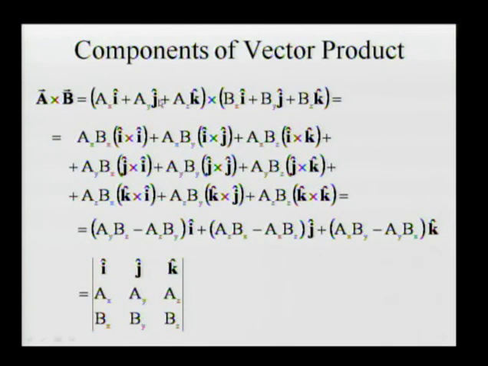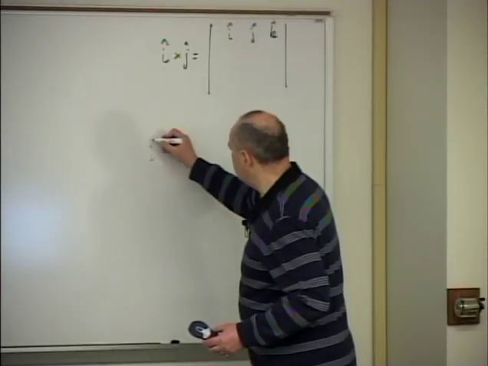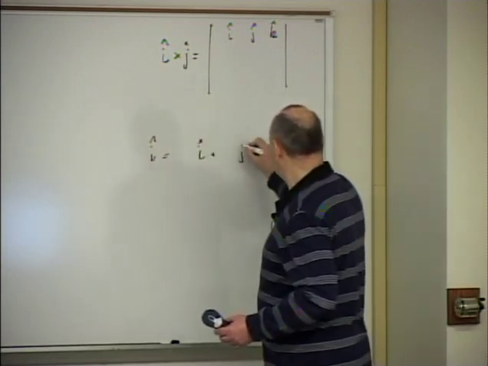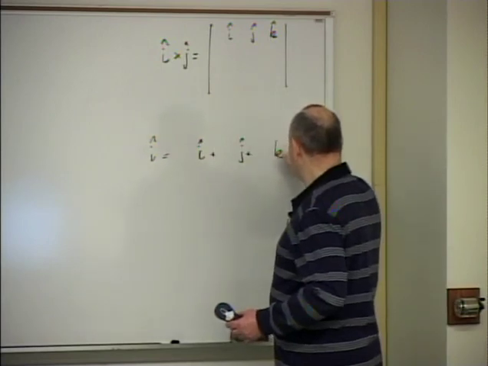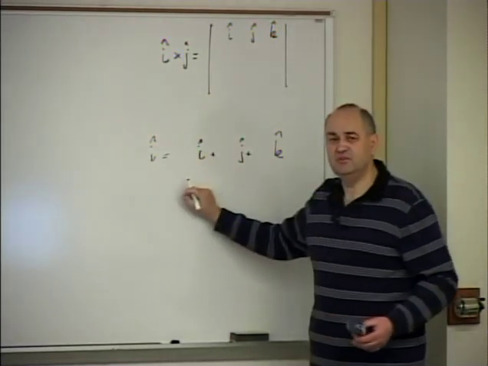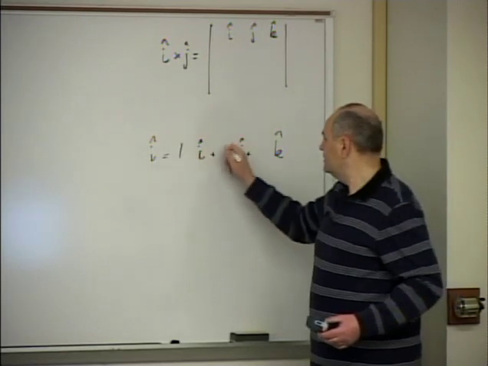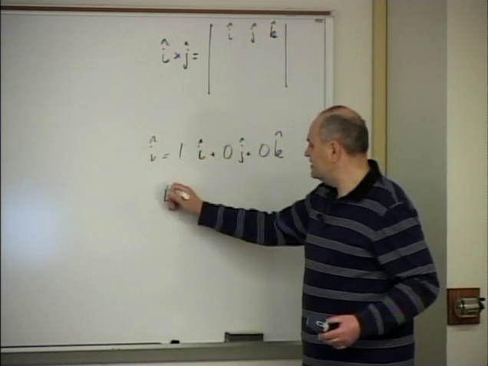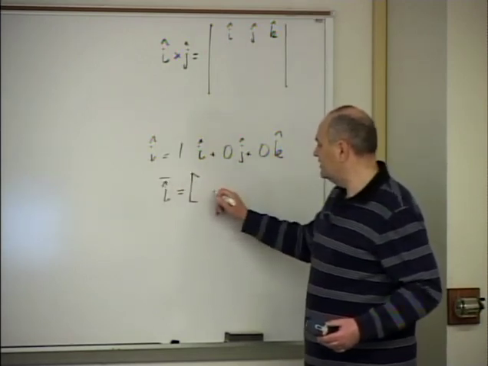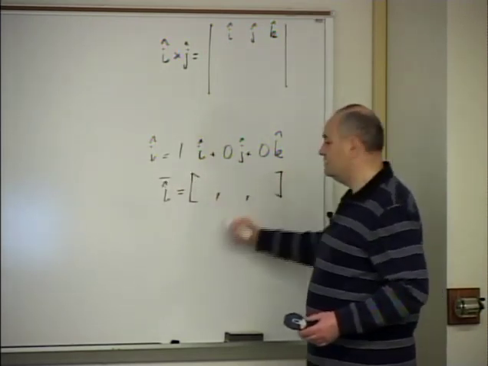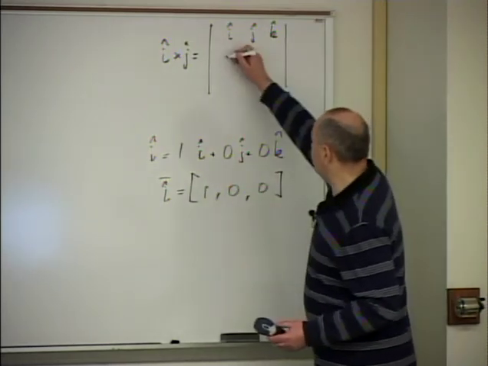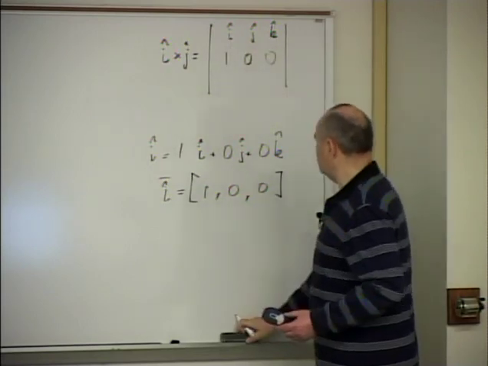All right. So if I want to represent now vector i as a linear combination of vectors i, j, and k, what numbers do I have to put here? 1, 0, 0. Correct. So scalar components of vector i are 1, 0, 0. Right? Therefore, I will have to put here 1, 0, 0.